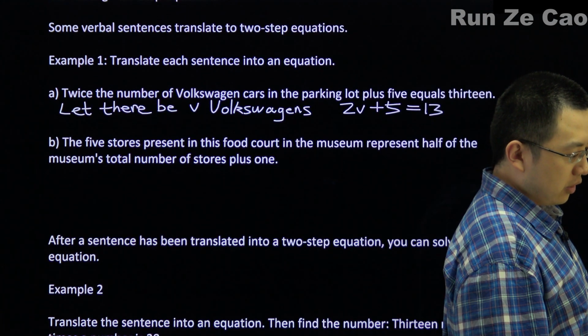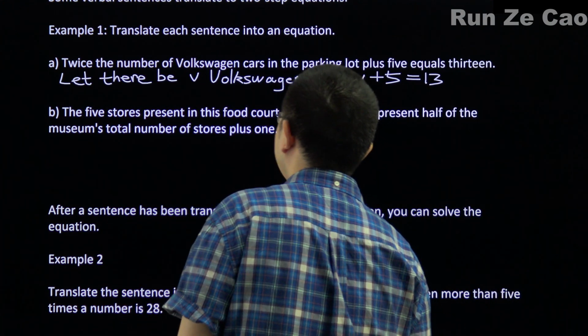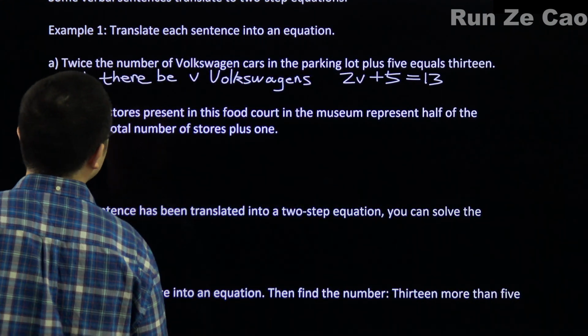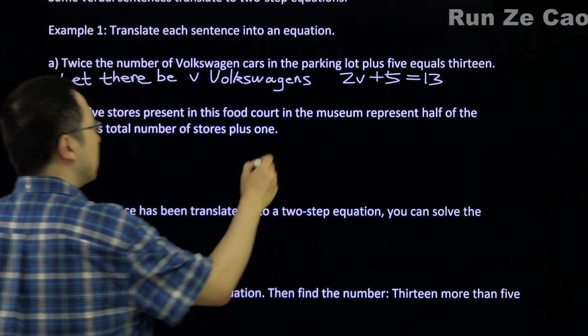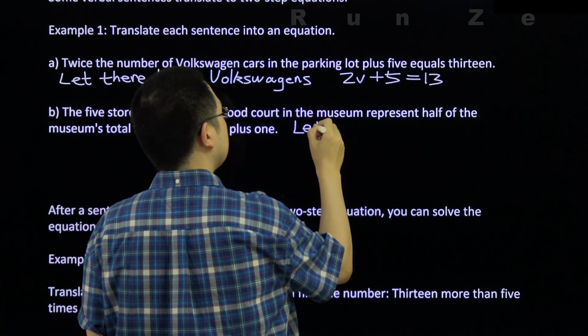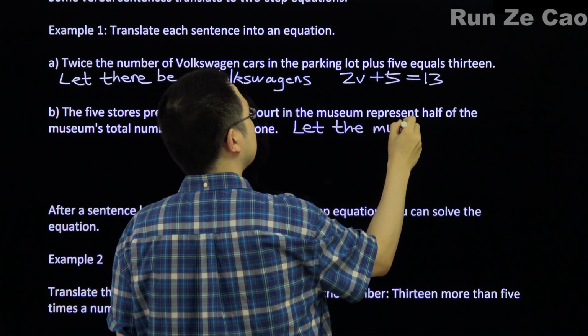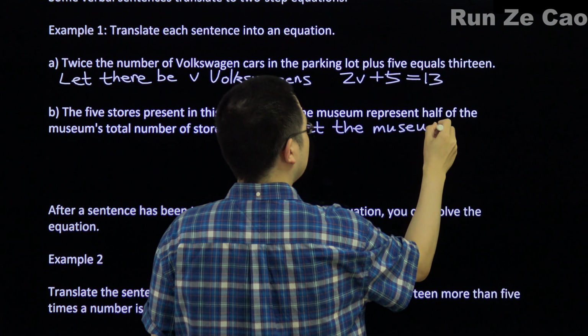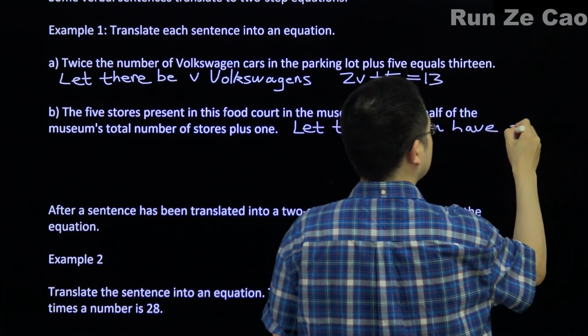Now, the 5 stores present in this food court in the museum represent half of the museum's total number of stores plus 1. So, let the museum have S stores.